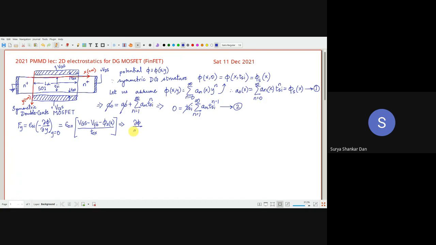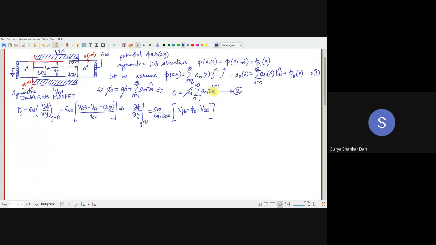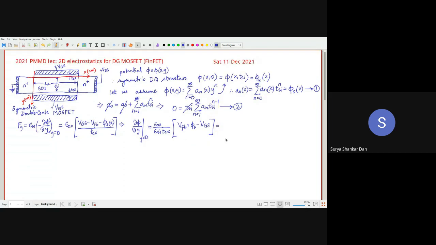Del phi del y at y equal to 0 is equal to epsilon OX by epsilon SI, TOX, VFB plus phi S minus VGS. Okay, what is this equal to?